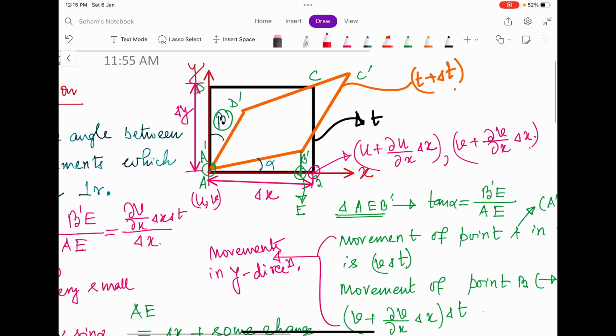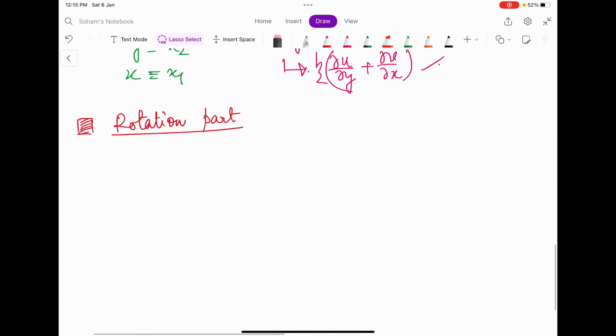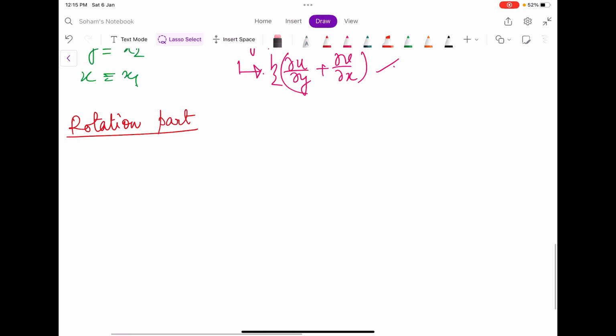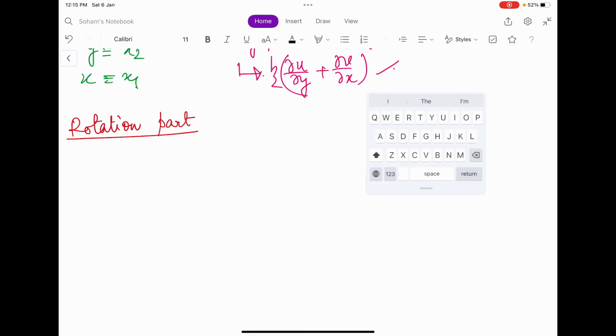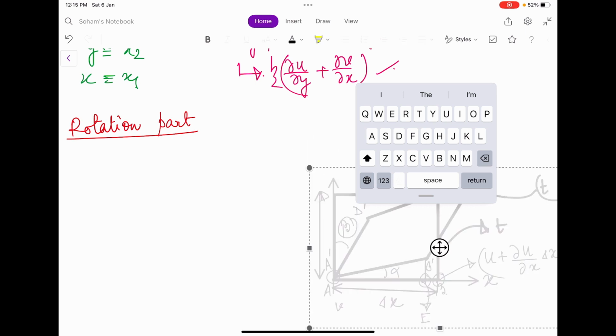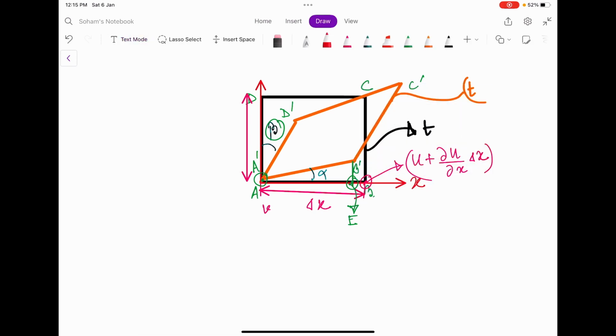If I can copy this, let me see, there is an option to copy, but I don't know why I cannot paste it. Let me try it. Okay, now I have pasted it, now this is perfectly fine.